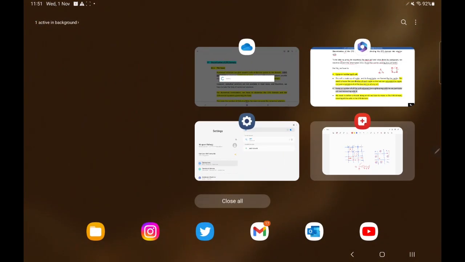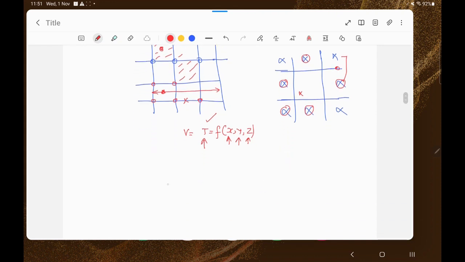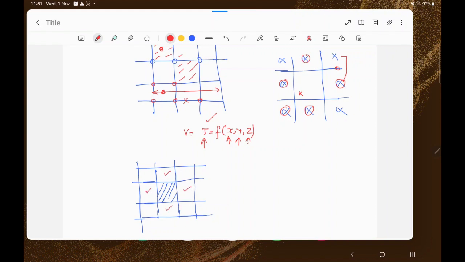So if I go back to this diagram, when we are talking about this cell and writing an equation for it, the value at this point is written in terms of this, this, this and this.